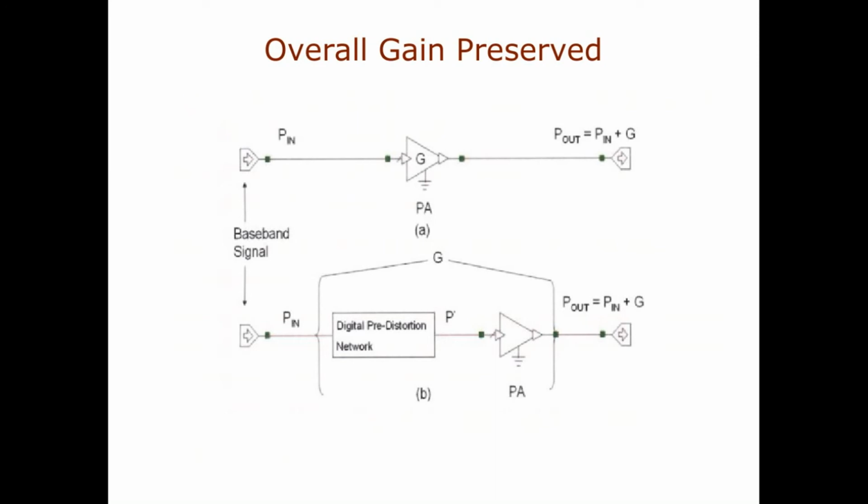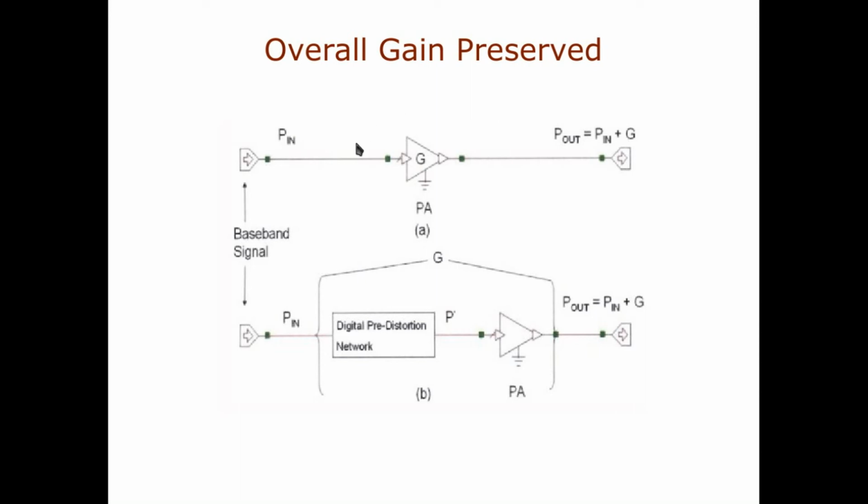Now here is a typical block diagram showing you the digital pre-distortion block along with the power amplifier. You can imagine that the crest factor reduction has not been incorporated into this diagram.